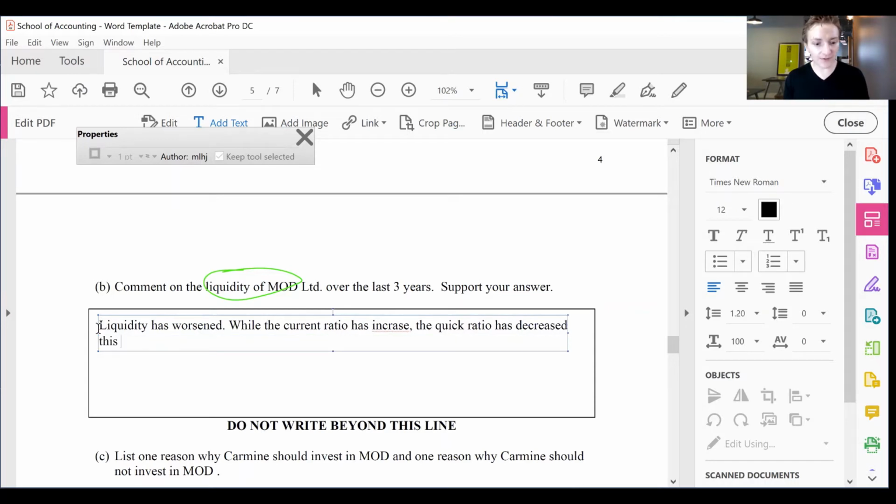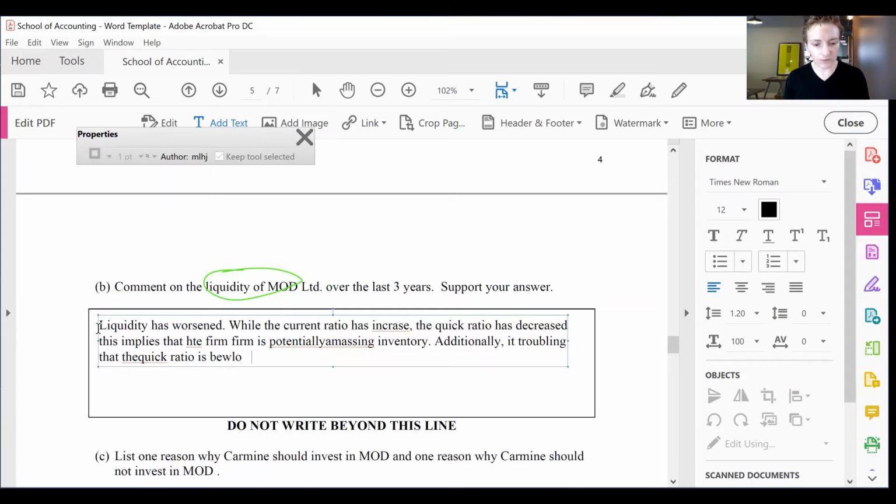This implies that the firm is potentially amassing inventory. Additionally, it is troubling that the quick ratio is below 1. This means that the firm might not be able to pay off all its current liabilities using non-inventory current assets.